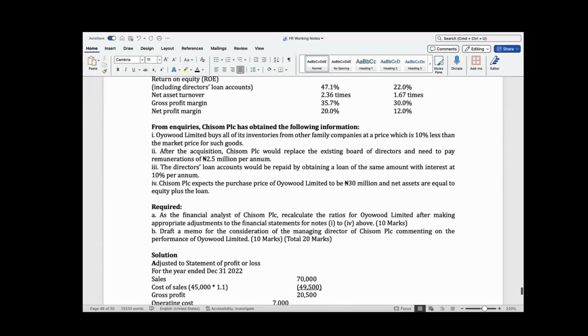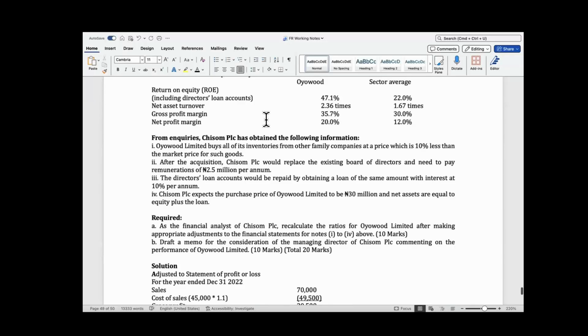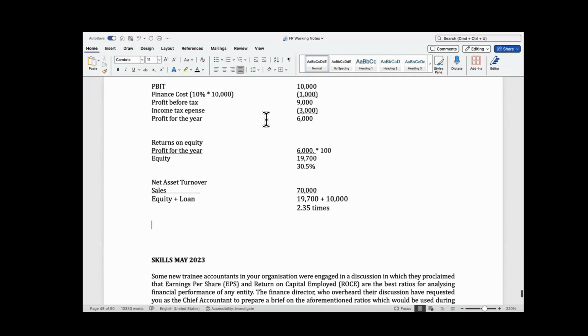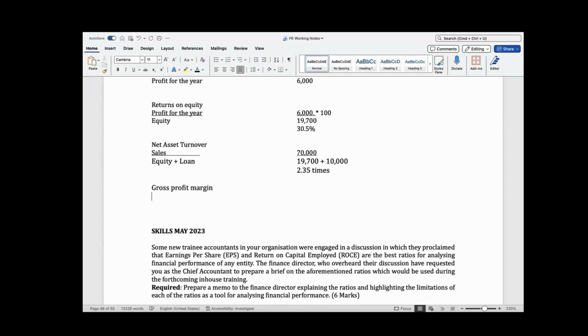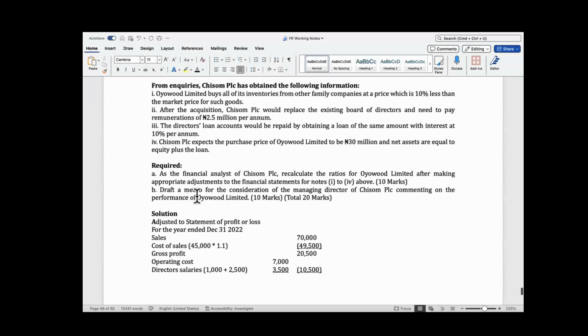Then we have gross profit margin, which is gross profits all upon sales. And what's my gross profits?